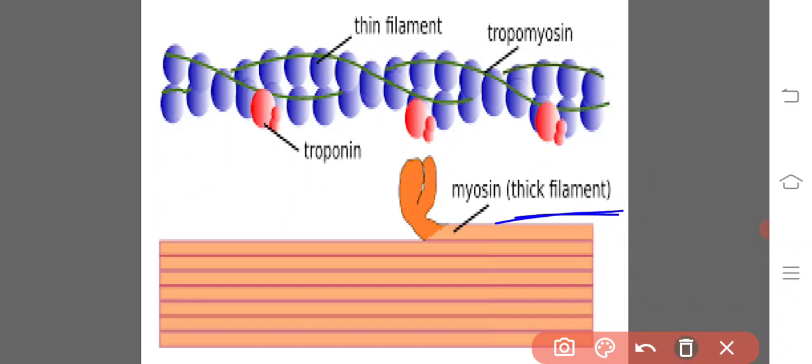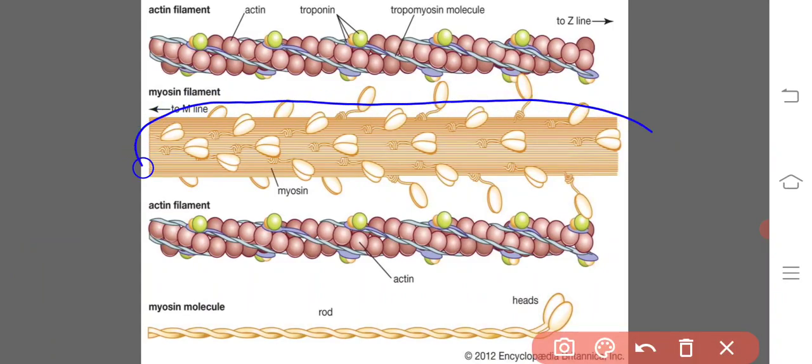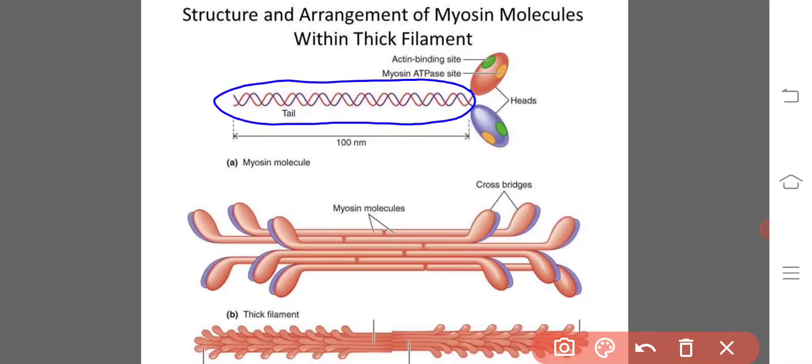Here you can observe the thick filament further. The myosin molecules have a tail region and a head region.